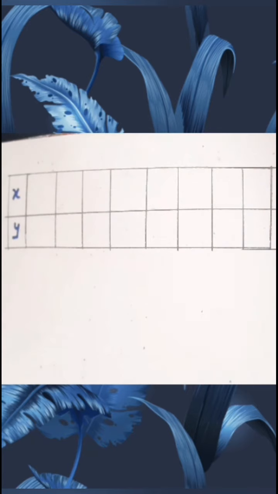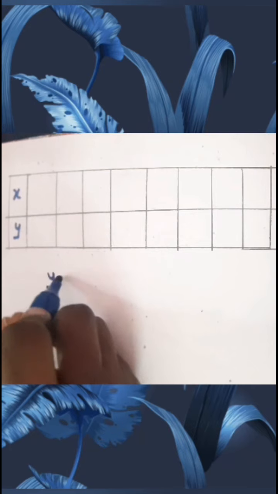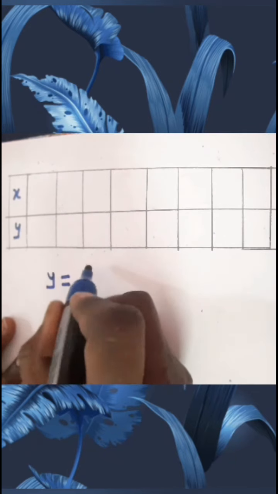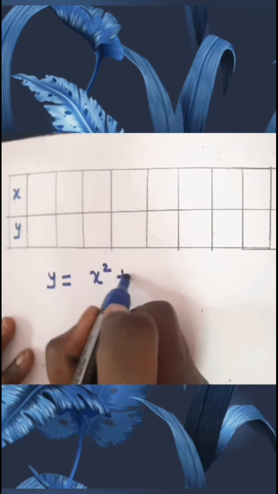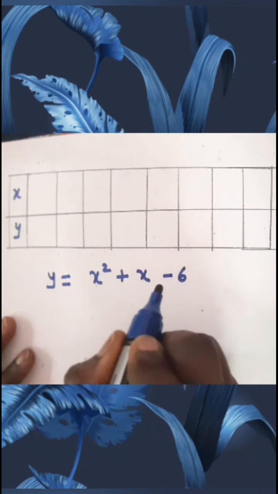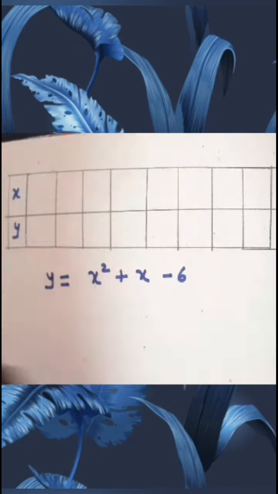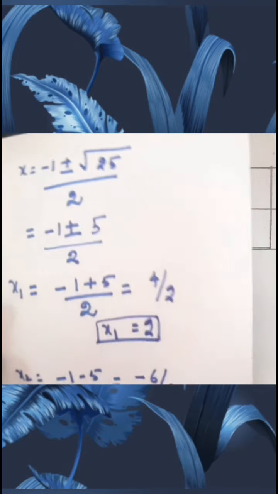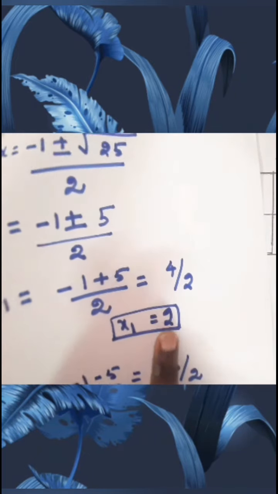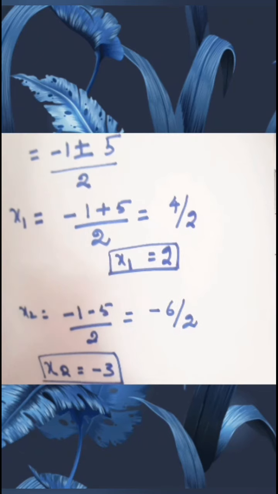For that, I'll be taking the first equation. So we have y is equal to, the quadratic equation is x square plus x minus 6. So we have the two roots. We have x1 is 2 and x2 is negative 3.